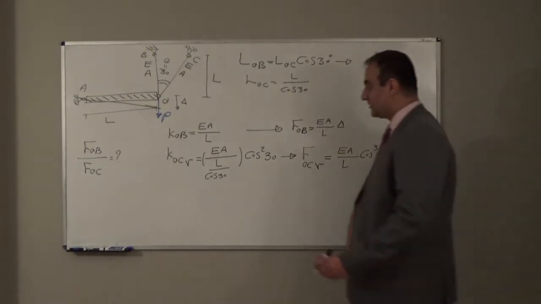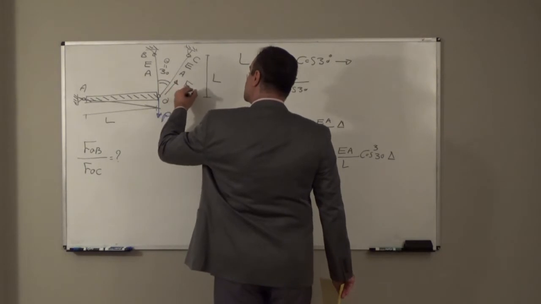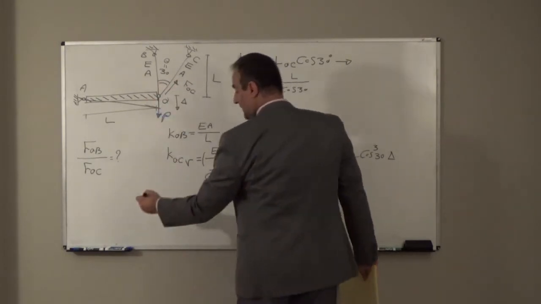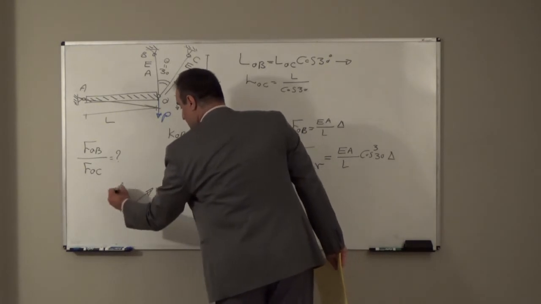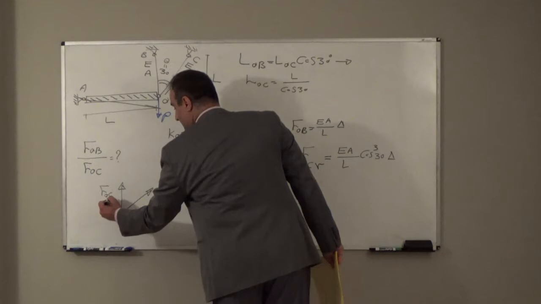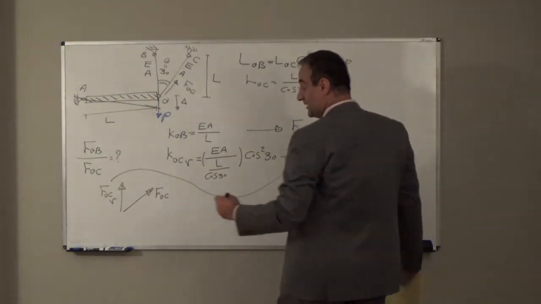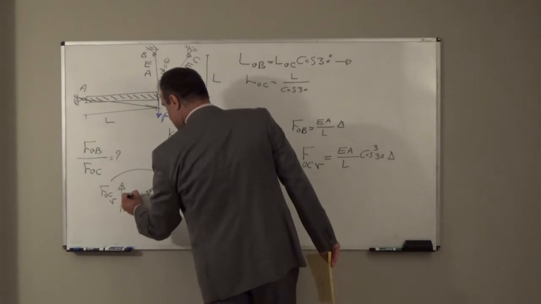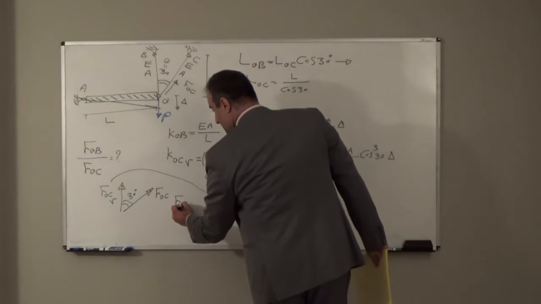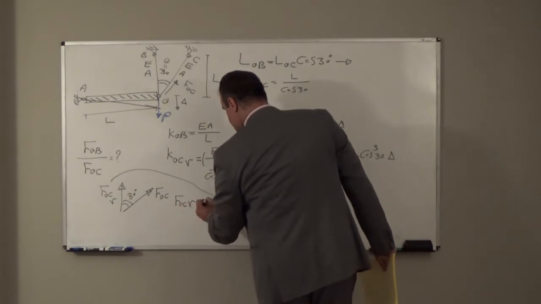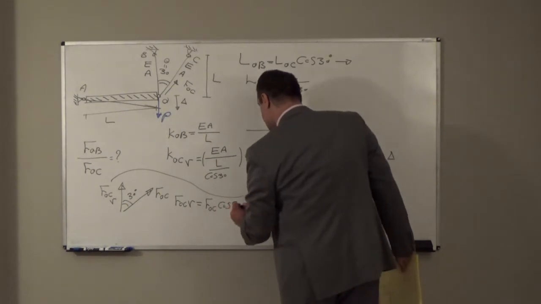So now we know, if this is OC, the component of OC in the vertical direction is here, and this angle is 30 degrees. So OC in vertical is equal to OC times cosine 30.